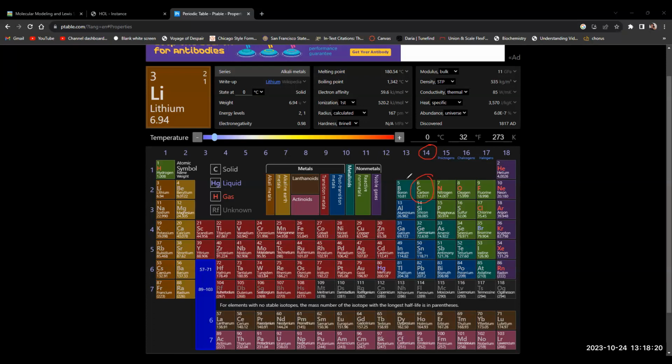So, a general rule of thumb that I like to use is that this first group has one valence electron. The second group has two. And we like to skip the transitional metals.